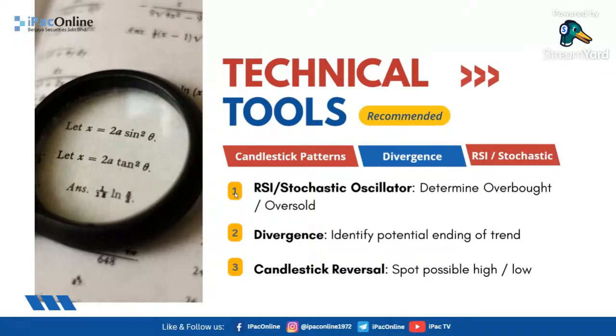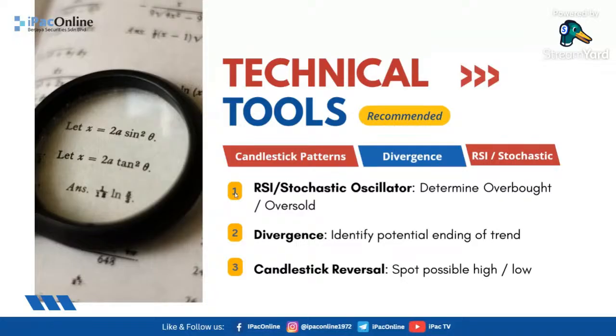Also, to identify whether the trend is coming near the end, divergence, be it MACD divergence, stochastic divergence or price volume divergence, is a great tool to identify the strength of the trend.